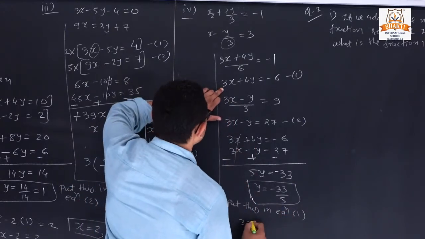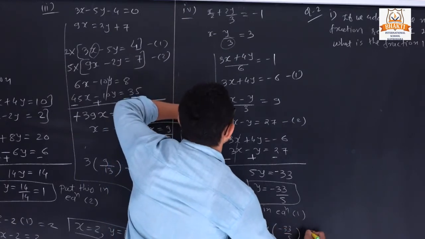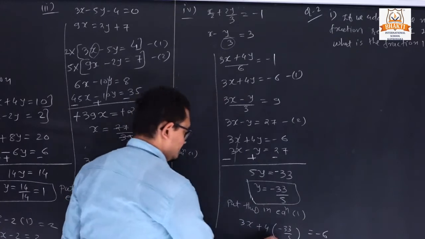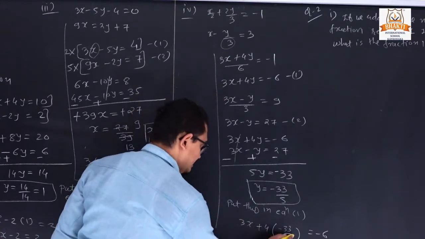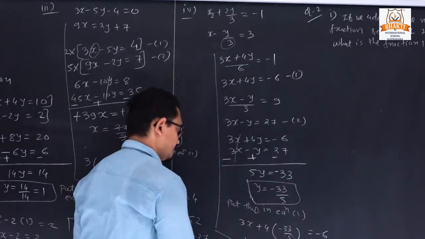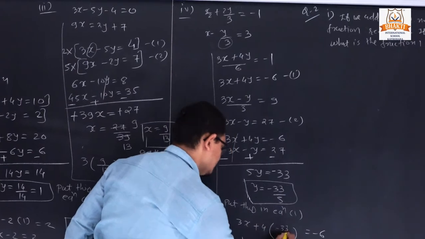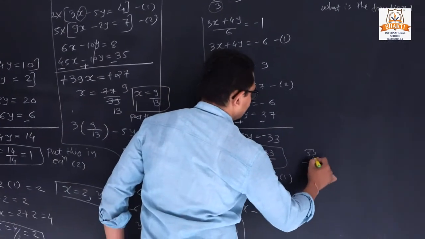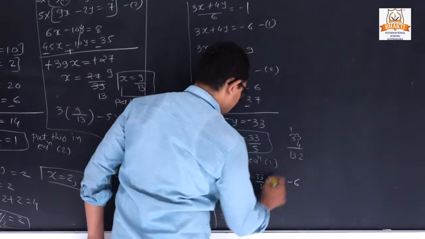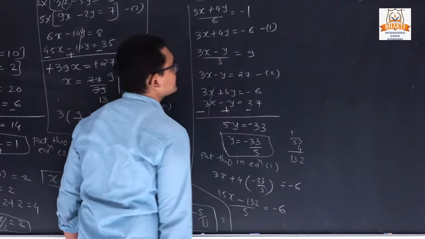So 3x plus 4 times minus 33 upon 5 is equal to minus 6. So 5 is the LCM. So 5 3s are 15x. Then minus 33 4s are 4 3s are 12, so it is 132 upon 5 is equal to minus 6.